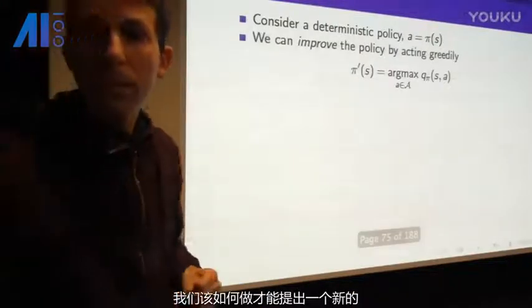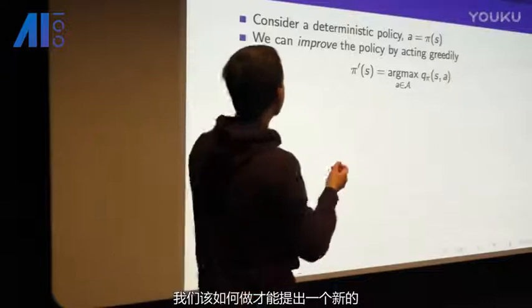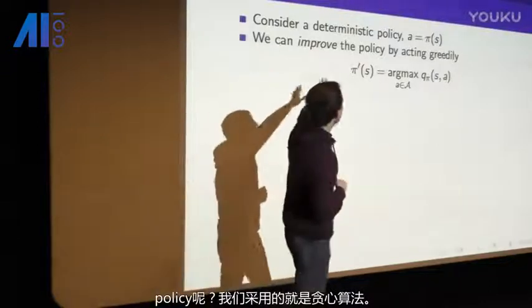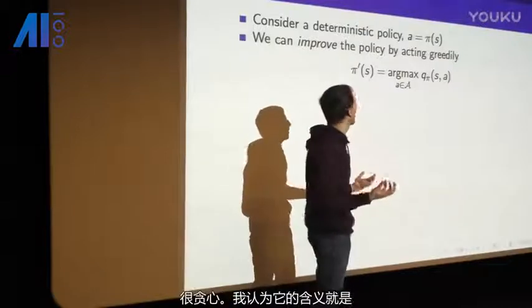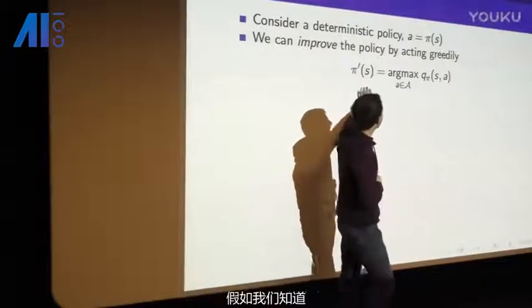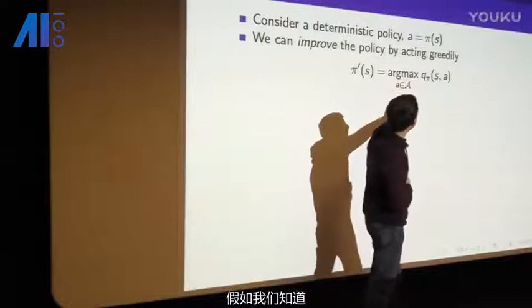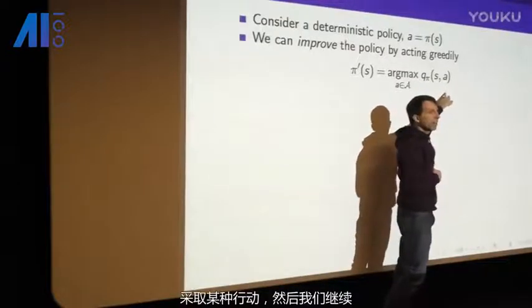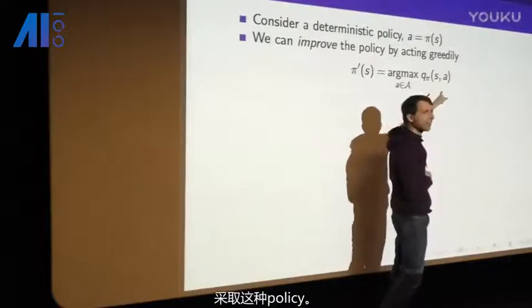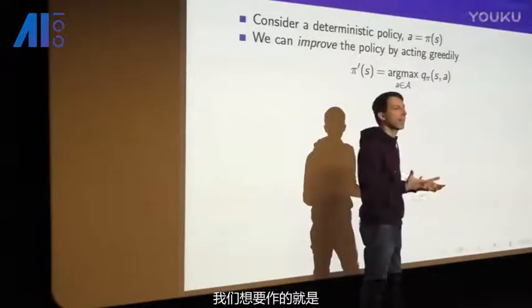And so how do we come up with our new policy? The way we come up with a new policy is by acting greedily. Now let's define what that means. Acting greedily means that we look at the value of being in a state and taking a particular action and then following your policy after that. That's precisely the action value.